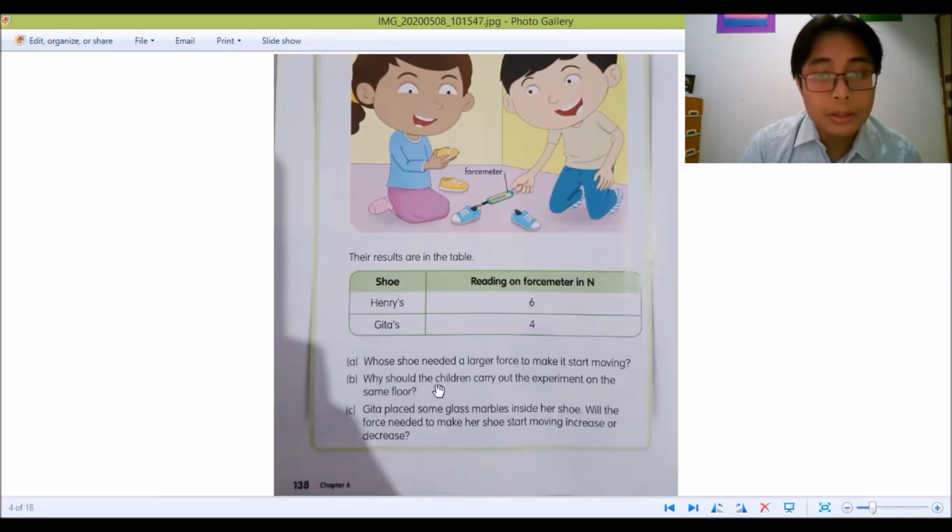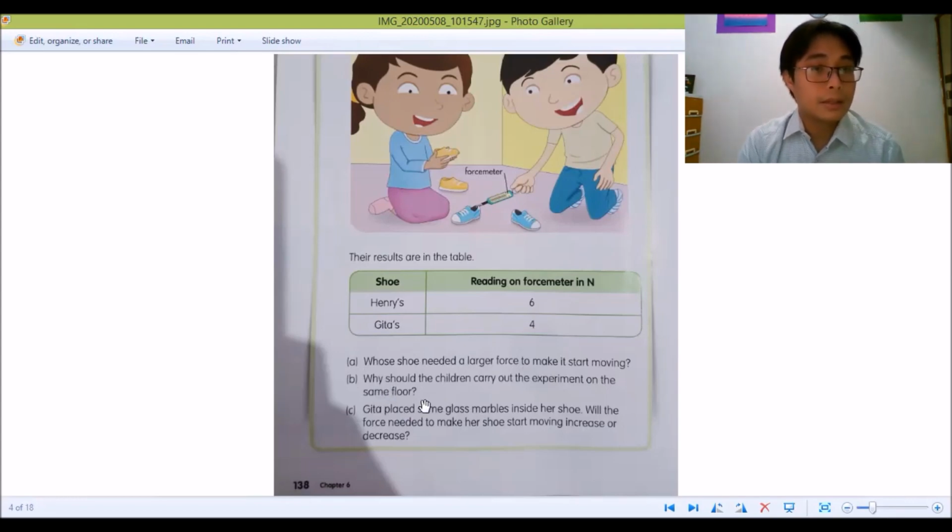Next, why should the children carry out the experiment on the same floor? Why do they need to do it on the same floor? So, to make the test fair, to have a fair test.